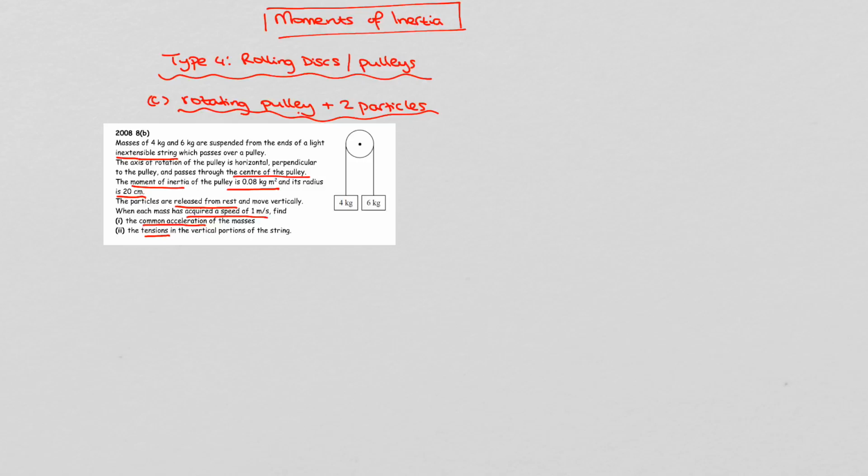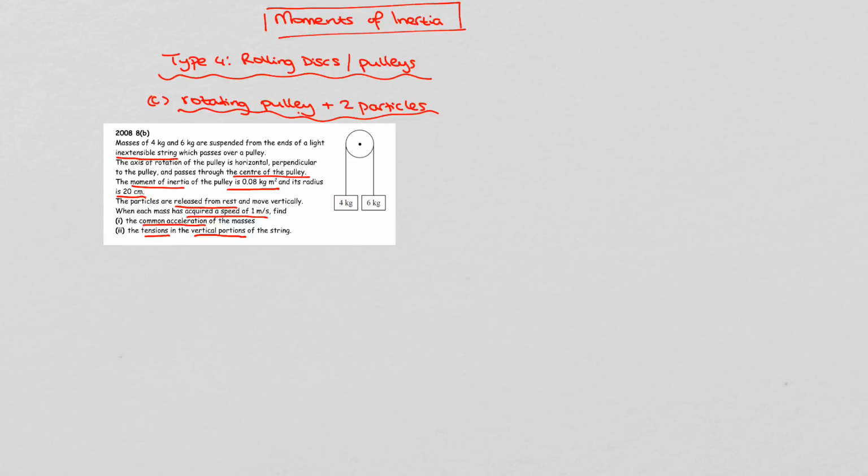But here we're looking at the tensions in just the vertical portions of the string. In other words, how are the masses themselves affecting the string in the vertical portion? So rather than common tension, we're going to give the tensions 2 different letters: T1 and T2, or T and S, as I will use.